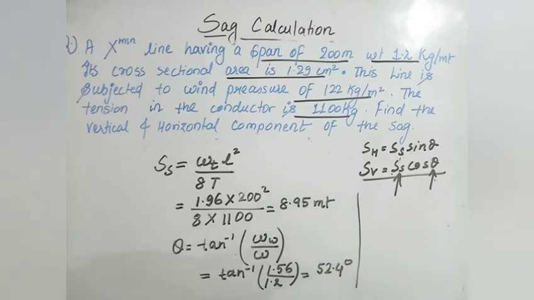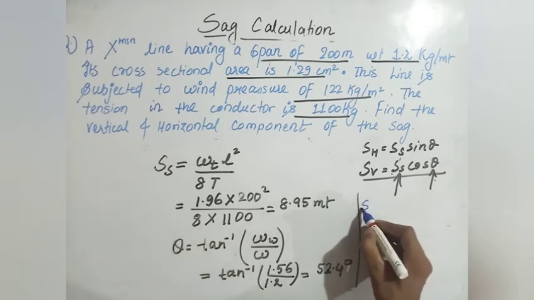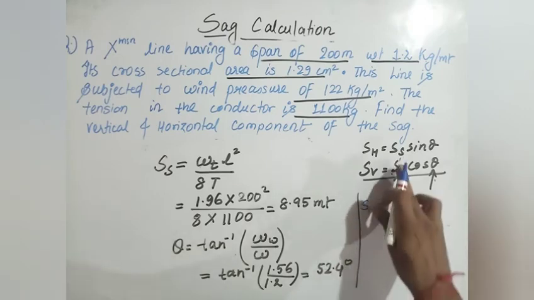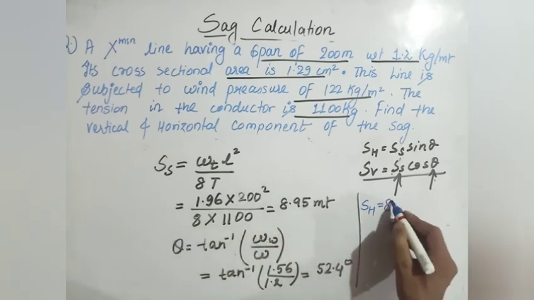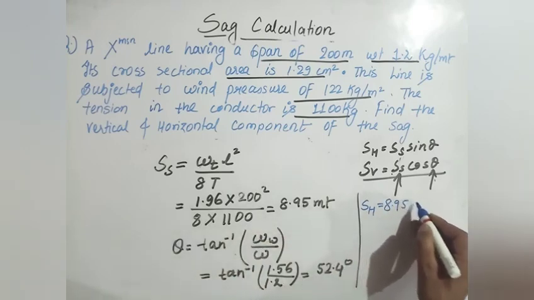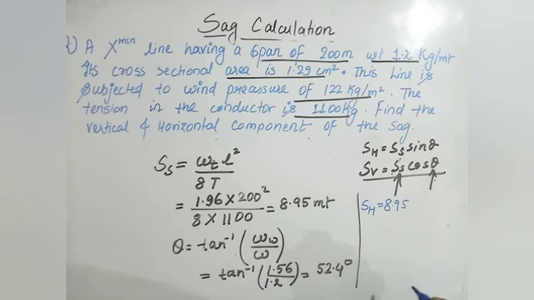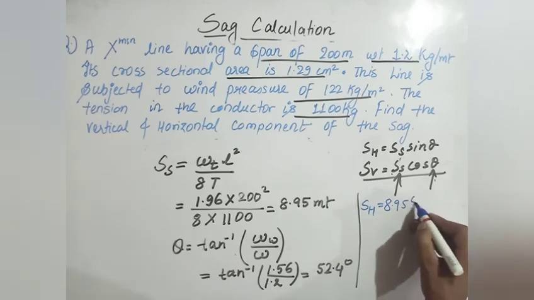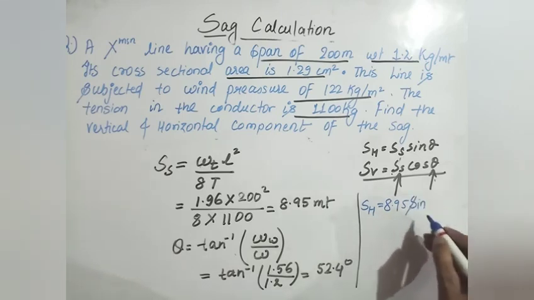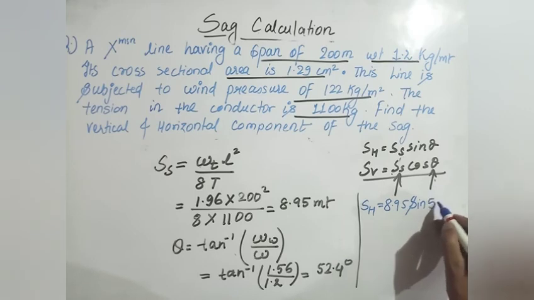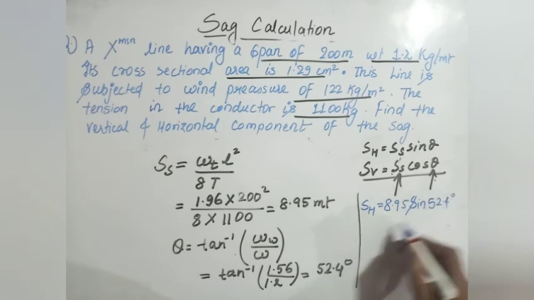Now we can calculate horizontal and vertical sag. So horizontal sag will be slant sag, that is 8.95, into sine theta, which is 52.4 degree.